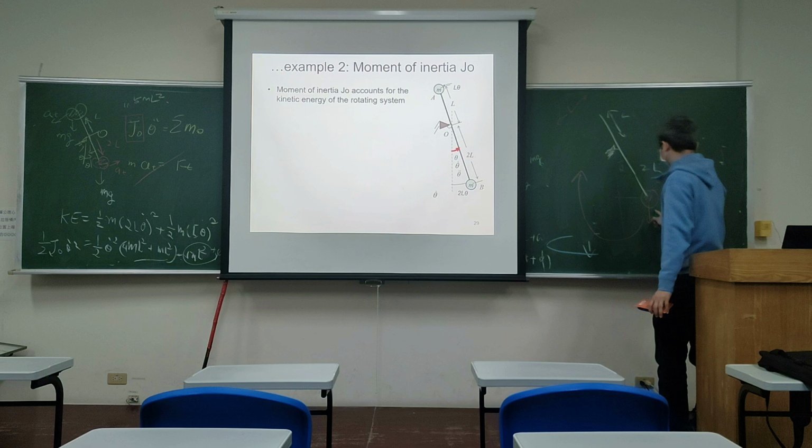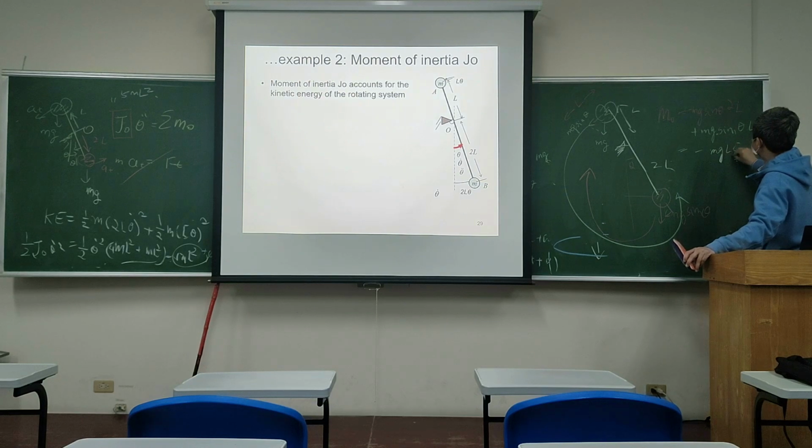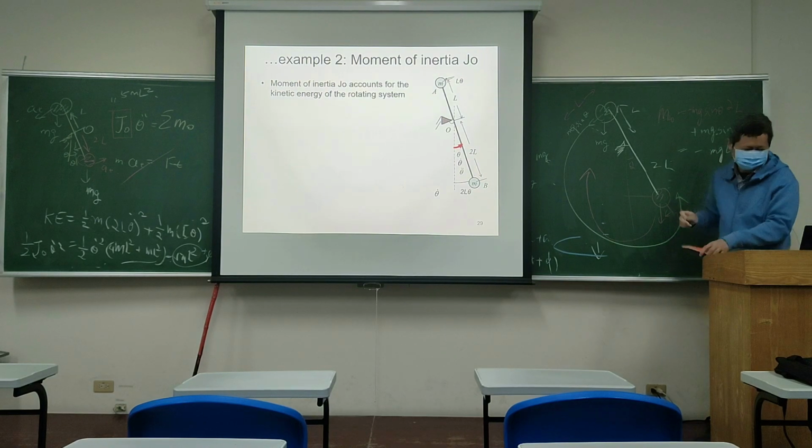How about the green apple? The green apple at the top will have the tangential component of its weight mg sin theta pointed to cause a counterclockwise moment, mgl sin theta.